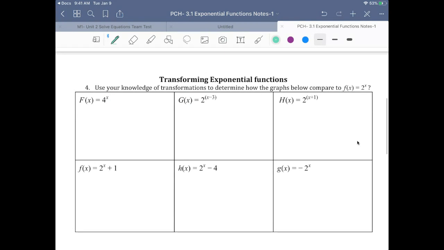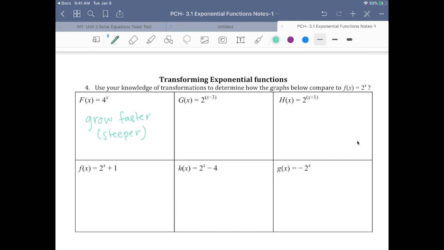All right, transforming functions. So use your knowledge to figure out how these functions are transformed, and we'll go over them right now. So 4 to the x compared to 2 to the x. 4 to the x grows faster. It's steeper, taller, okay?